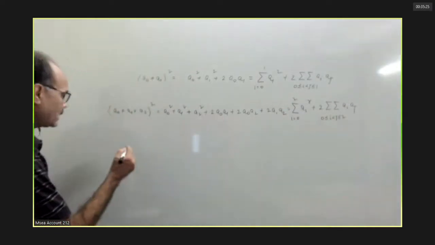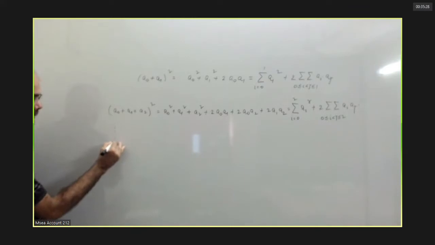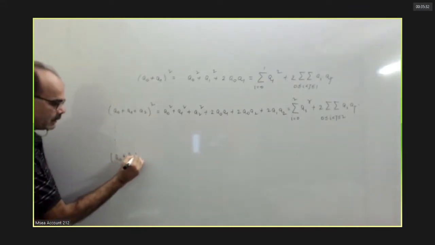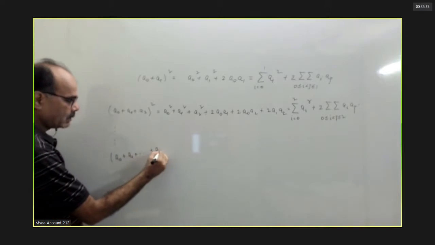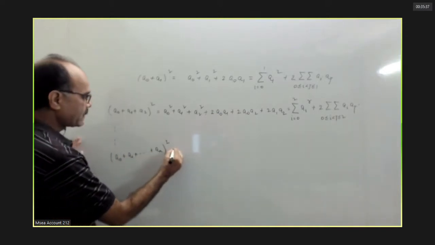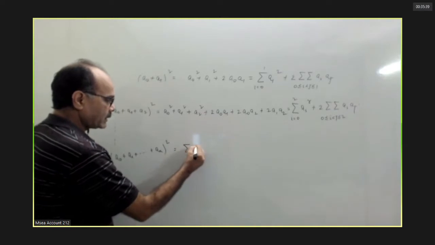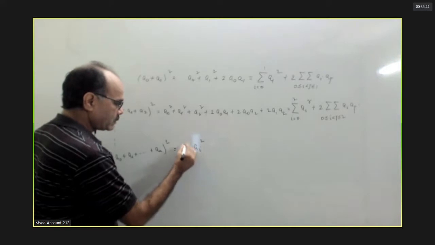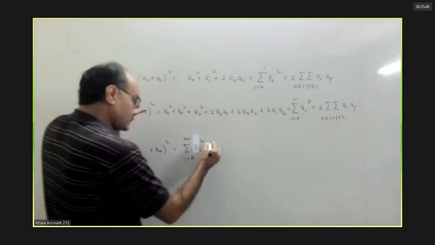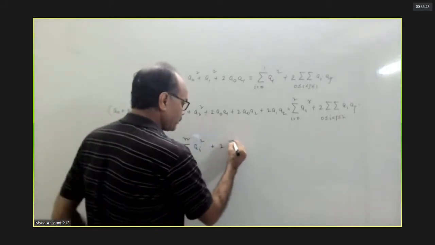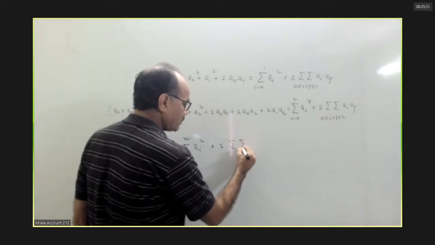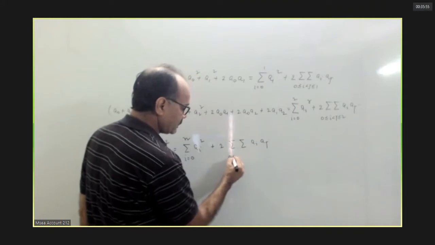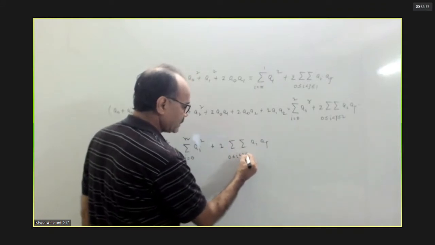So like that, if we generalize it, a0 plus a1 up to an whole square equals summation of ai square, I going from 0 to n, plus 2 times double summation of ai aj, 0 less than or equal to I less than j less than or equal to n.